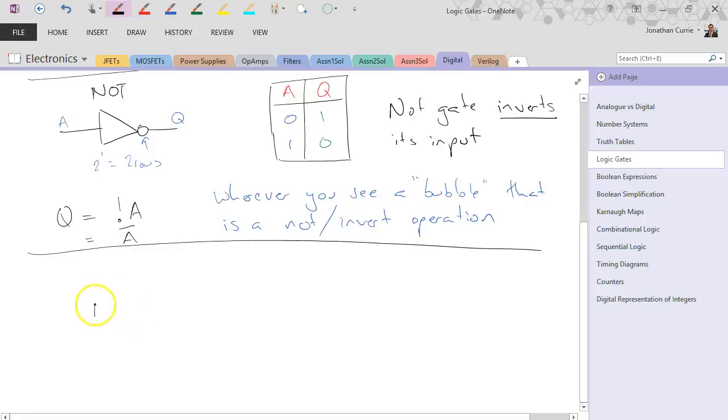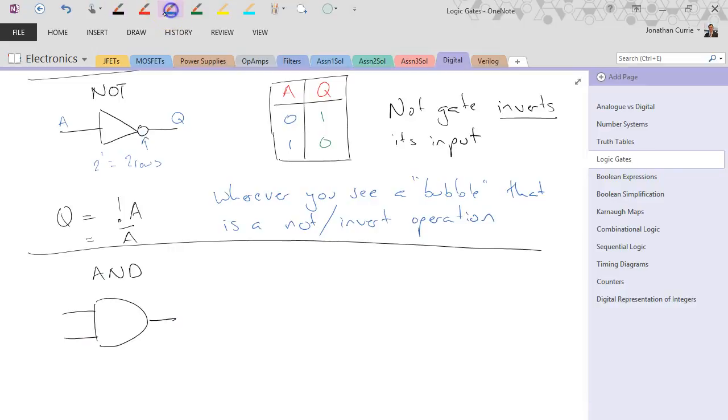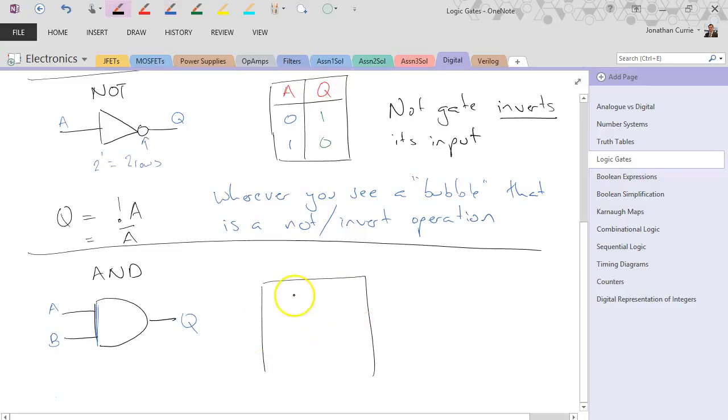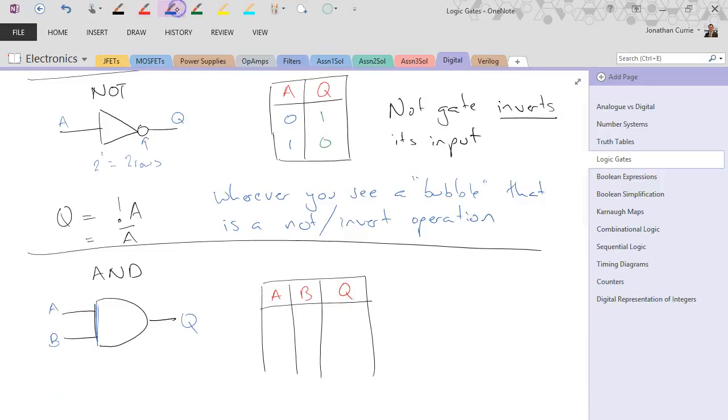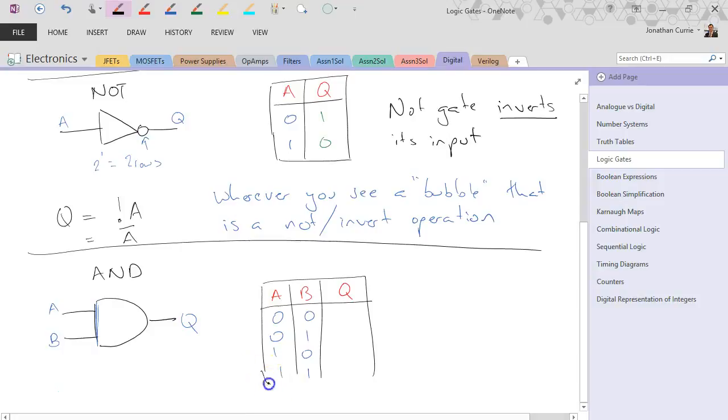Alright, the next one is the AND gate. And it's important that you actually remember how to draw these symbols. An AND gate has this straight bit here and then a rounded semicircle here. 2 inputs, 1 output, so our truth table will have 4 rows, and it will also have that extra input column. We can do it by counting in binary, or we could use Martin's rule to fill it in.